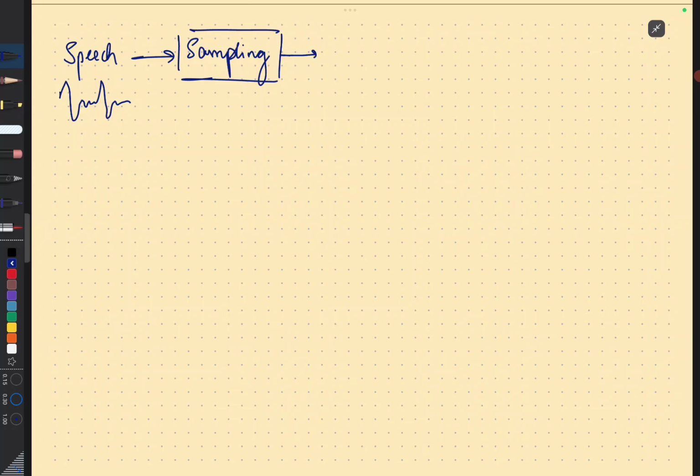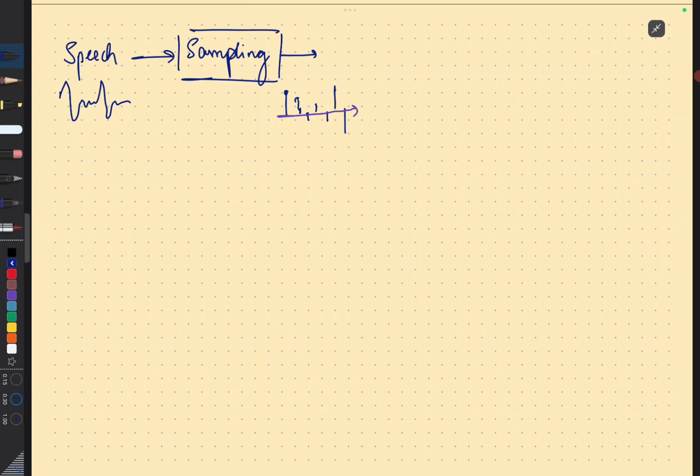So this is sampled to give a discrete time but continuous amplitude signal. So you get the sampled signal, which is then digitized.